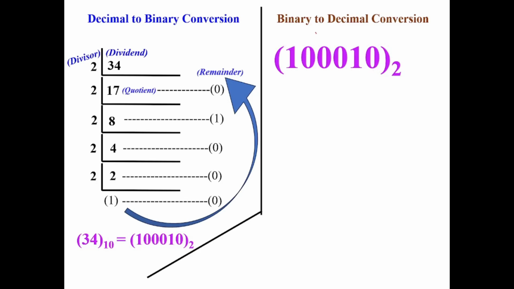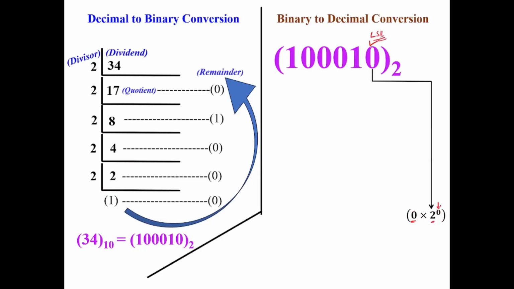So the procedure to convert binary to decimal: first we consider the least significant bit and multiply it with 2 to the power 0. So this is your LSB, the least significant bit, into 2 to the power 0. Why 0? Because as it is your least significant bit, it is written as 2 to the power 0.